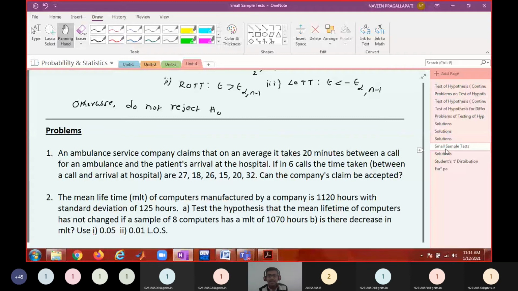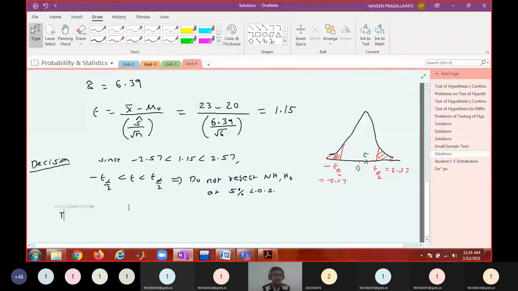Is it okay? So write down the conclusion finally. Therefore, thus the company's claim may be accepted at 5% level of significance.